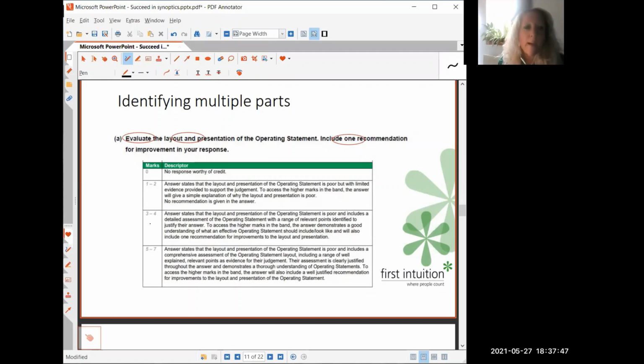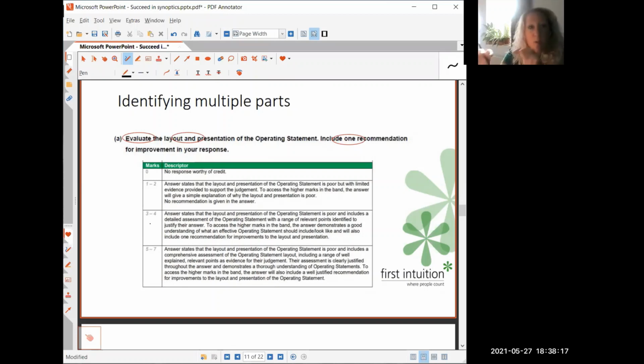You'll see below here, I've got a banded mark scheme, and you'll see these in the SAMS documents, particularly at level 4. These come up across all of the assessments. At level 3, you will see this in some of the questions that are really looking at ethics. A banded mark scheme, there's 7 marks available for this part A, and your answer will fall into one of these bands.